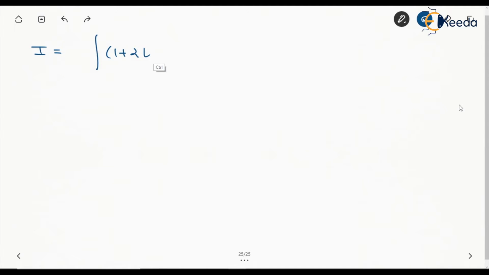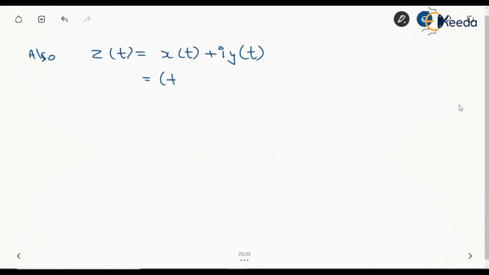Let's write the formula first. Also this z of t, which is now x of t plus i y of t, can be written as 1 plus 2t plus i times 1 plus 2t.